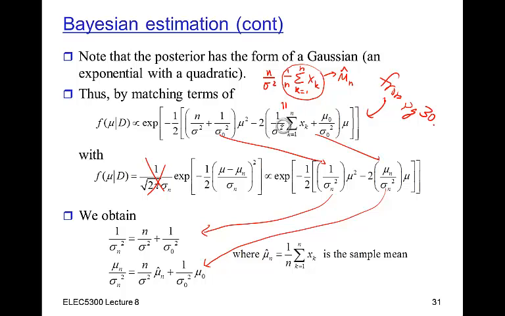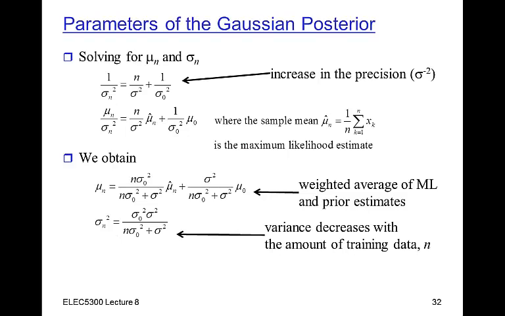So this term is just n divided by sigma squared times mu n hat, plus this thing here, mu 0 divided by sigma 0 squared. So now I have two equations in two unknowns, and the two unknowns are sigma n squared and mu n. Let's take these two equations over to the next page.